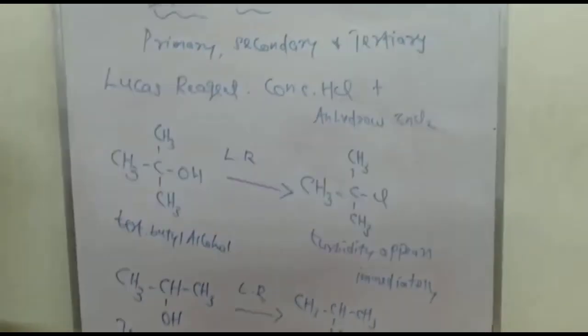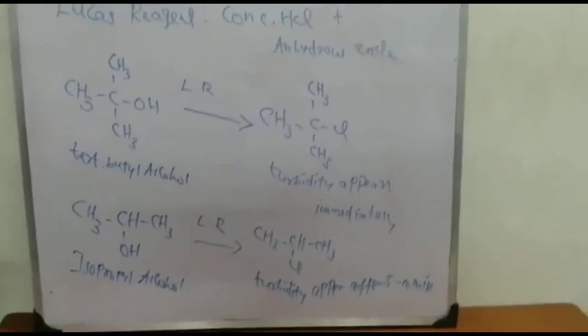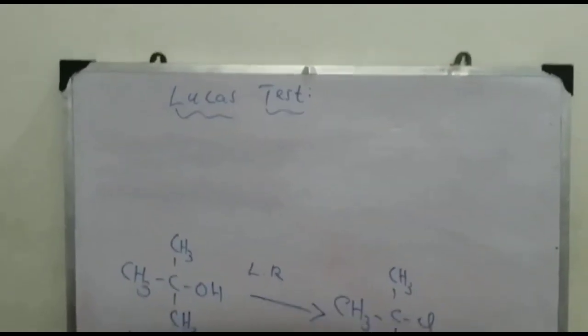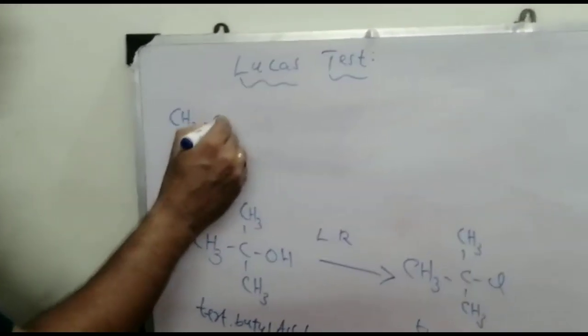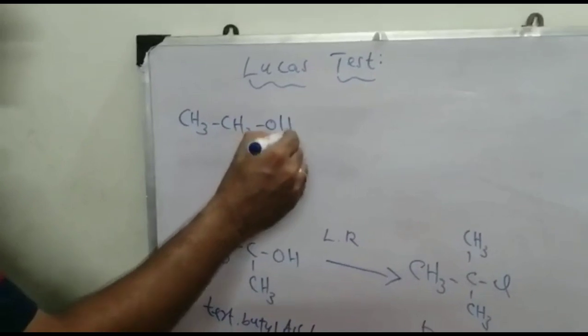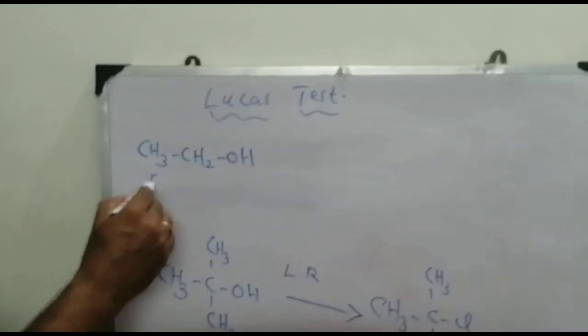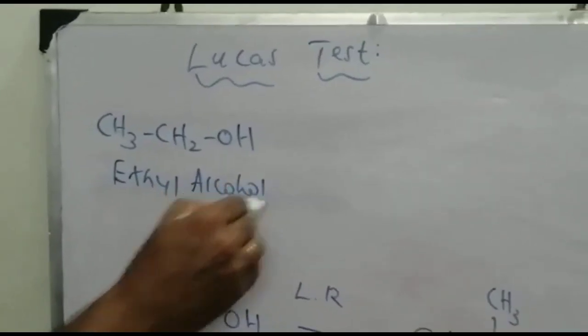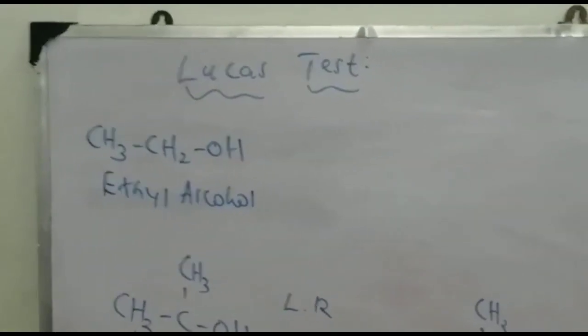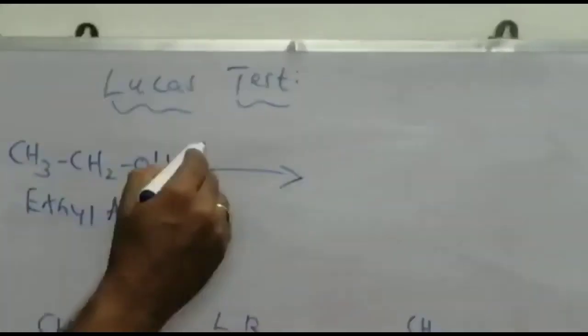Right. Now, we will go to primary. Example of primary alcohol is CH3, CH2OH. Name of the alcohol, ethyl alcohol. Okay. Here also I am going to use Lucas reagent, correct?